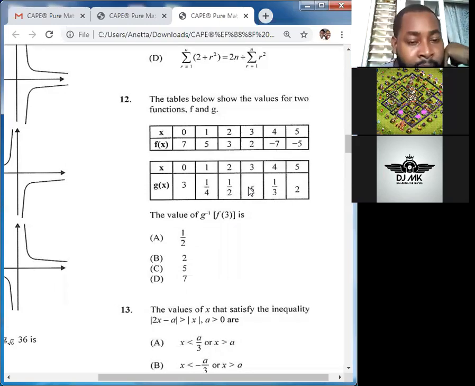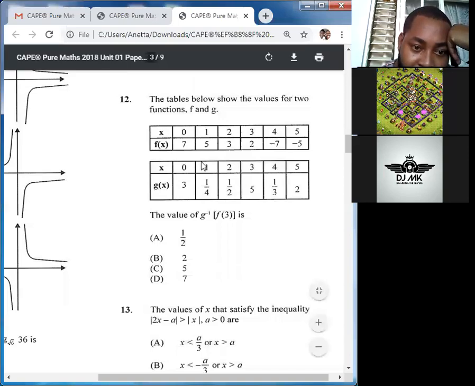So when I do f of 3, I'm looking at the function f, which is this table. The input into f is 3. The input is the top half of the table. So when I input 3 into the function f, the output is 2. So f of 3 is 2.